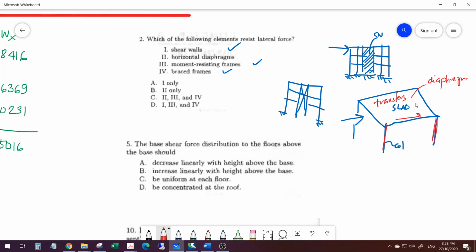So that's how the slab participates in earthquake. It only transfers your lateral force. So that means only 1, 3, and 4 are correct. Okay, how about the next problem?